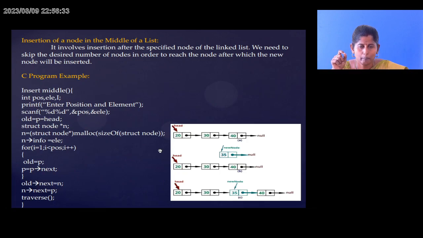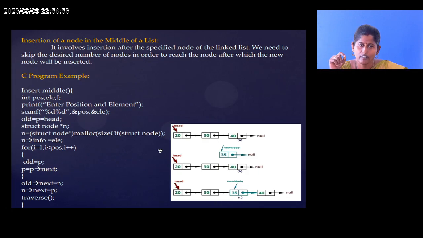So based on the position, the new node is inserted, and at the same time the new node pointer points to the third node address. So now the connection is automatically established. That means the new node's next pointer is the already existing third node address, so the new node is linked to the third node.